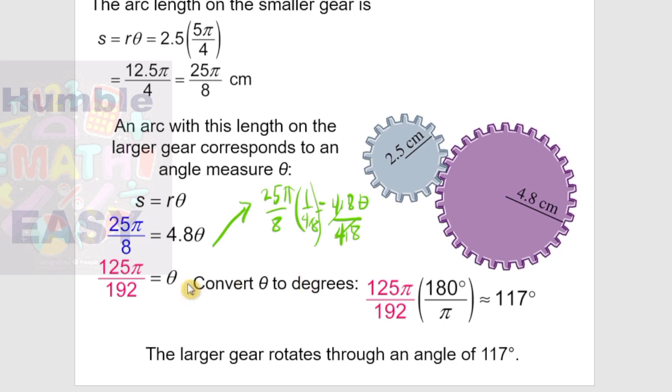So theta now is 125 pi over 192. So if we're going to convert further that 125 pi over 192 to degrees, we multiply by 180 over pi, so approximately it is equivalent to 117 degrees. The larger gear rotates through an angle of 117 degrees.